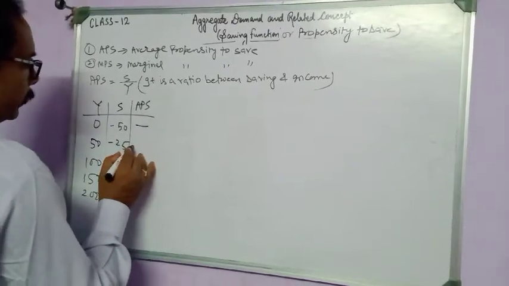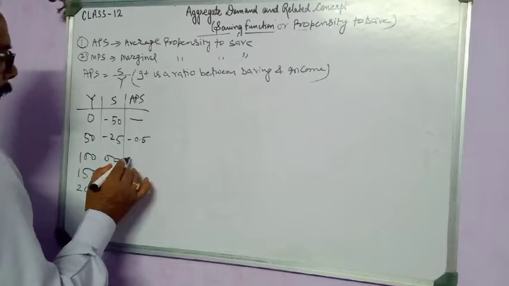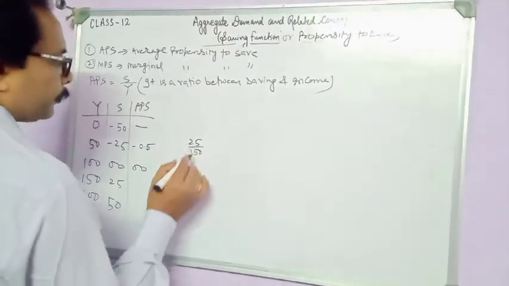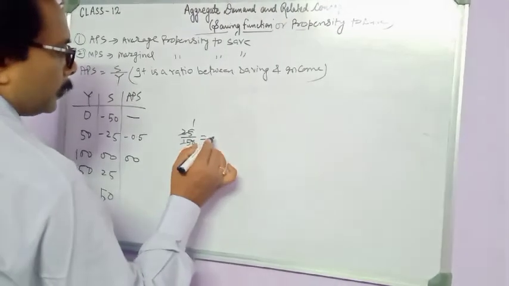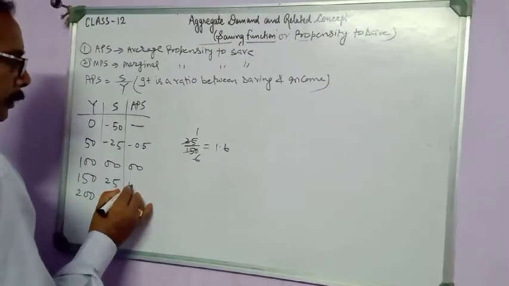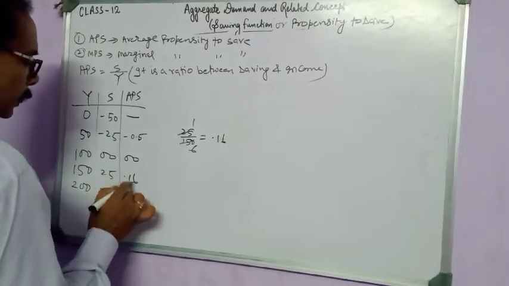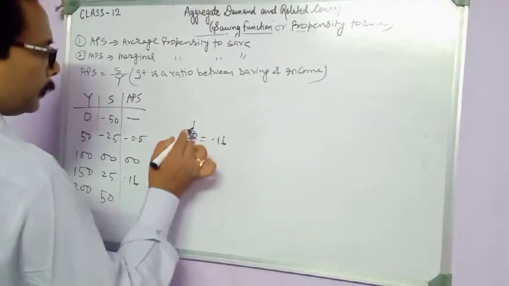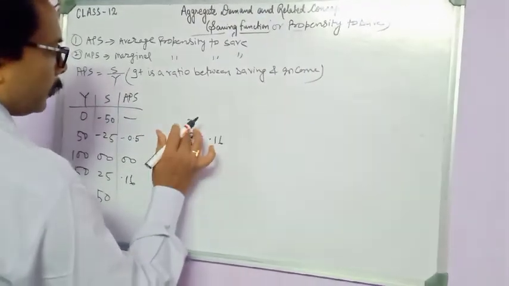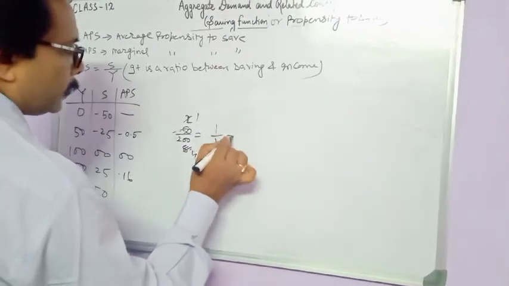Minus 25 divided by 50 is equal to minus 0.5, and here APS will be 0, and here 25 divided by 150, so 0.16, and here 50 divided by 200, 1 by 4, is equal to 0.25.